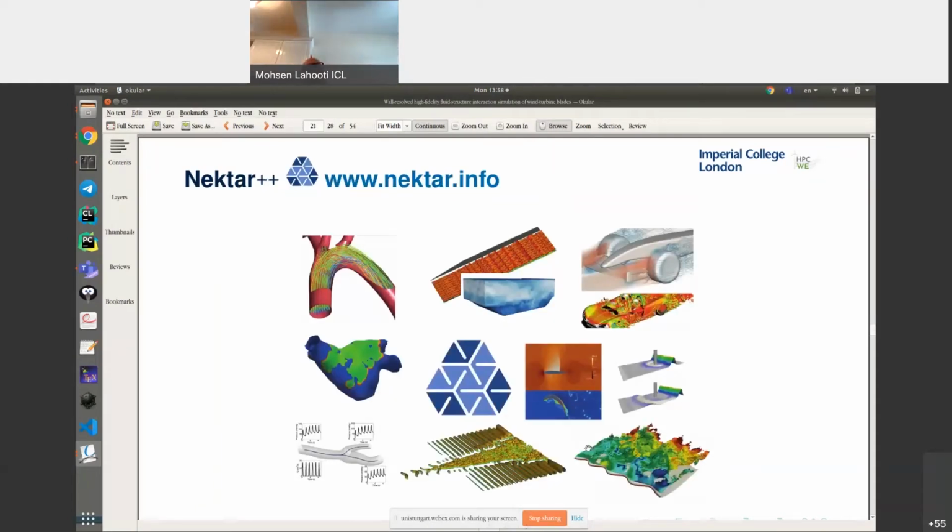The solver is implemented, mostly the flow part and the coupling part, in Nektar++. It's an open source C++ based framework. You can see various applications of the software, and it's freely available to use.